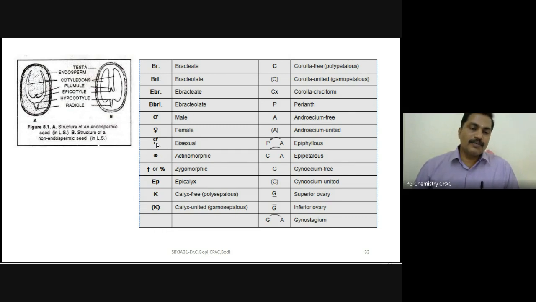Bisexual, both the male and female present in the same flower. And actinomorphic, that means the flower has equal portions. When you cut two pieces or three pieces, each piece is an equal portion, that is called actinomorphic. If it is unequal portion, that is called zygomorphic. Irregular flower, zygomorphic.